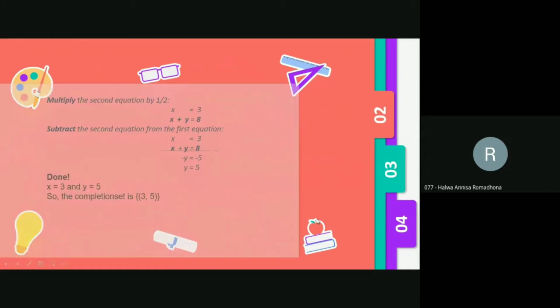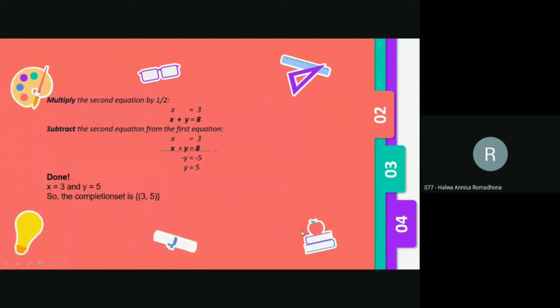Then subtract the second equation from the first equation. x equals 3 minus x plus y equals 8 becomes minus y equals minus 5, or y equals 5. Done. x equals 3 and y equals 5. So the solution set is (3, 5).